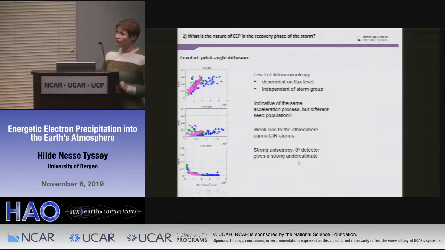But if we're thinking of how we use the 0 degree detector, if we only use the 0 degree detector, you will still get a large underestimation, because with the stronger the anisotropy, the less representative it becomes for the loss cone. So it's kind of a double edge. It seems like the CIR storm in general is not that efficient in giving us energetic electron precipitation, even though the radiation belt grows here at relativistic energies.